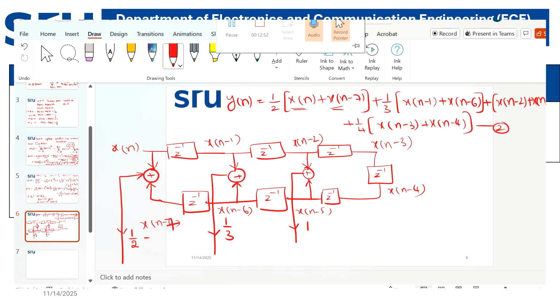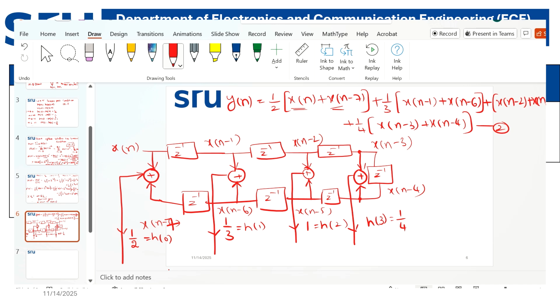So here also you can write it down as h of 0, this coefficient as h of 1 and this is h of 2. Now here at this part we have x of n minus 3, added with x of n minus 4, and the coefficient is h of 3, that is equal to 1 by 4.